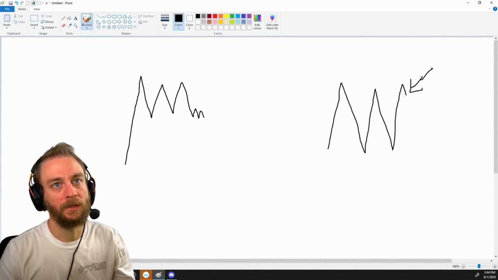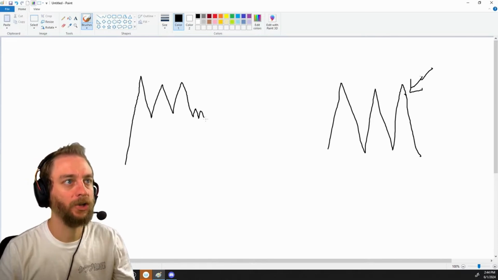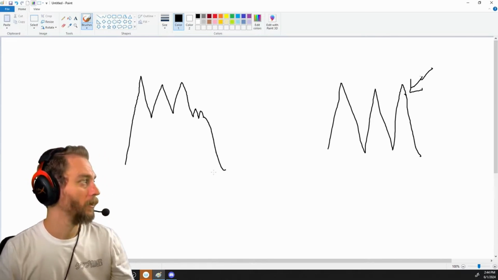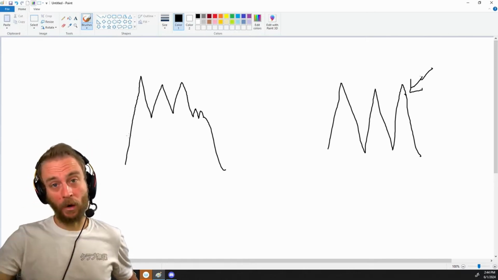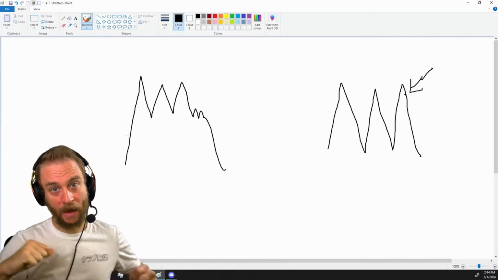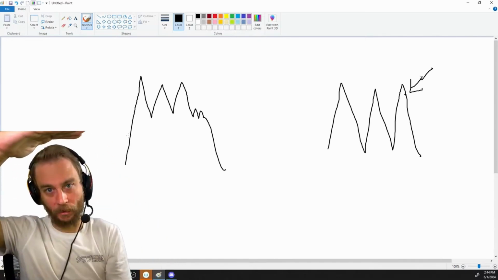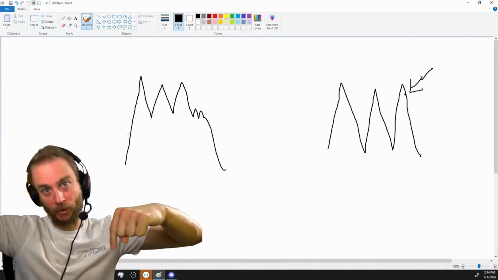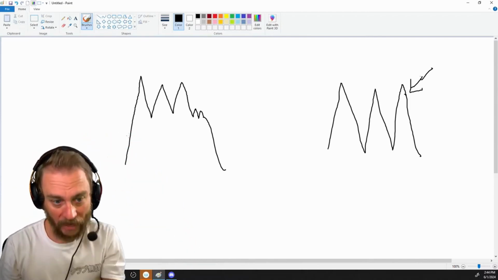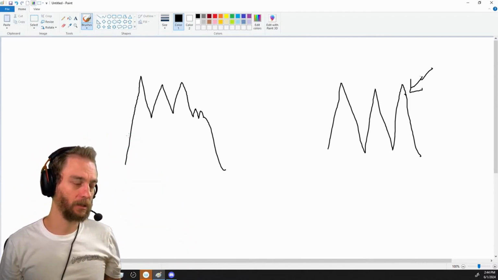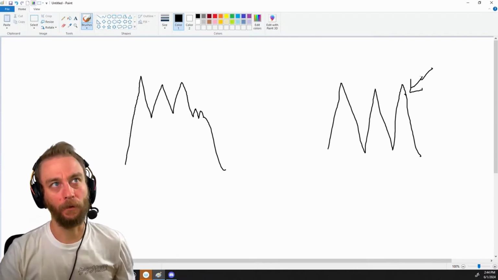And if Amazon mean reverts, that mean reversion could help shove NASDAQ through this reclaim. Oftentimes, one market could mean revert down while another market is breaking a range. And the mean reversion of one market coming down can force another market to break out of its range, if that makes sense. You just got to get a feel for it.